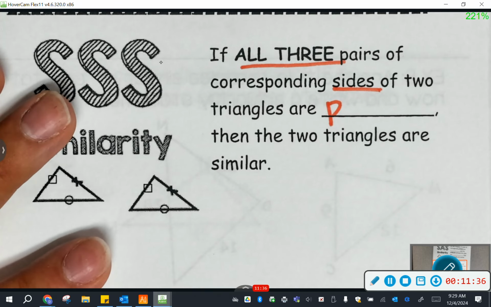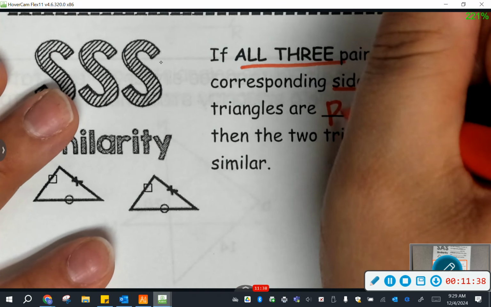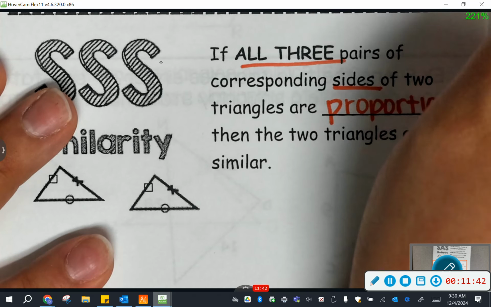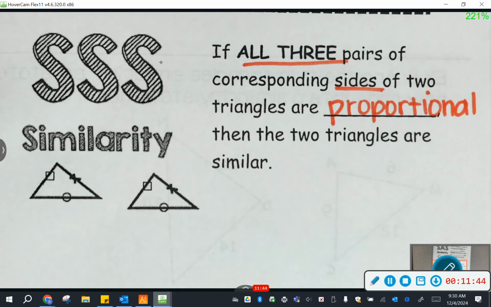All the sides have to be proportional. Please write that on the SSS blank. All three sides have to be proportional. Meaning, whenever you multiply them, you have to multiply all three sides by the same thing.